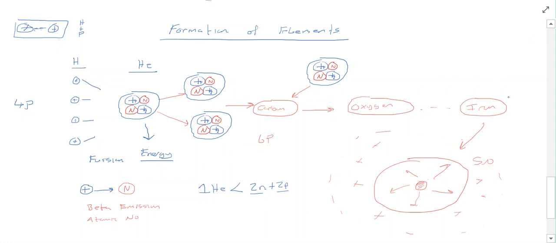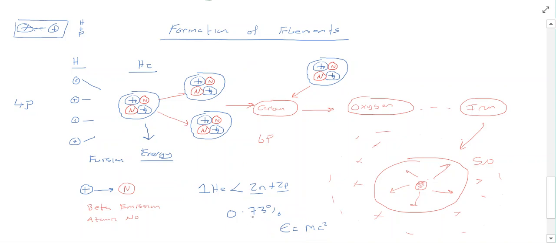And that difference is roughly 0.73%. So what we can do with this is use the equation E equals mc squared, Einstein's famous equation. What it's saying is that energy is equal to mass times the speed of light squared.